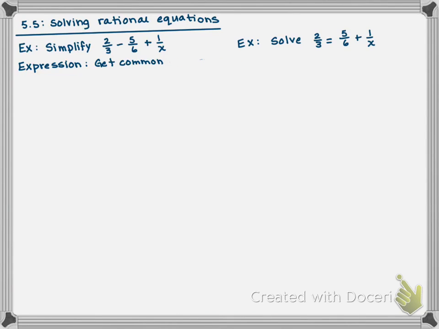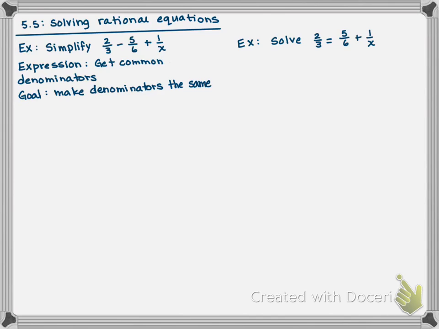So our goal is to make the denominators the same. And the only way we can do that is to multiply individual fractions by some version of the number 1, right? So some fraction that's the same on the top and the bottom, that will give the fraction the denominator we want without changing its value.